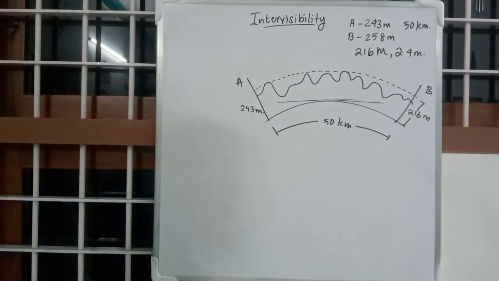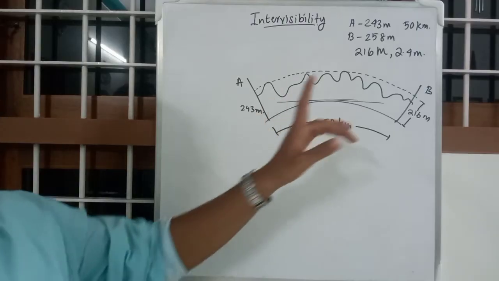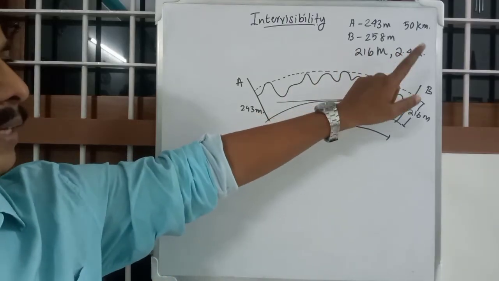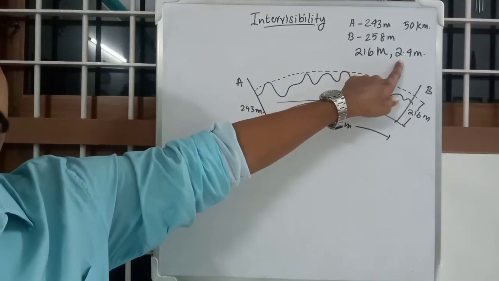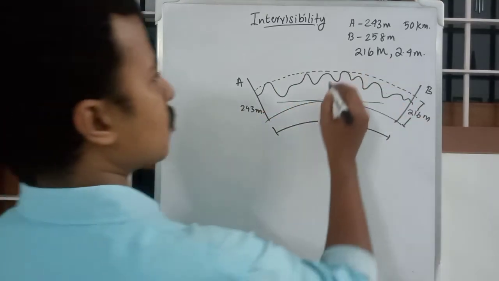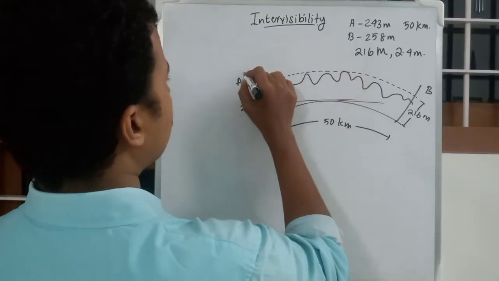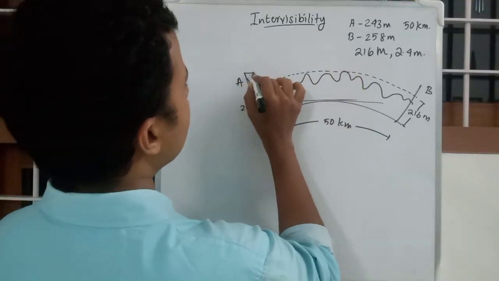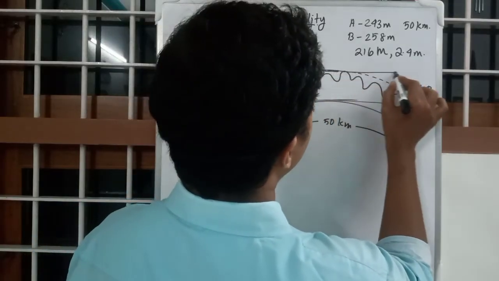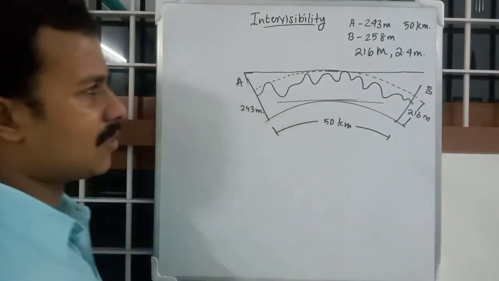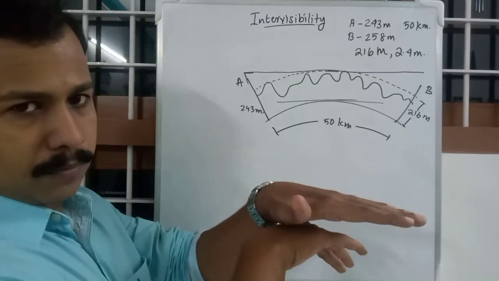Okay. So there is one more detail. Calculate the intervisibility between these two, considering there is 2.4 meter clearance of line of sight. In the earlier case, we could have calculated the line of sight grazing through the ground.